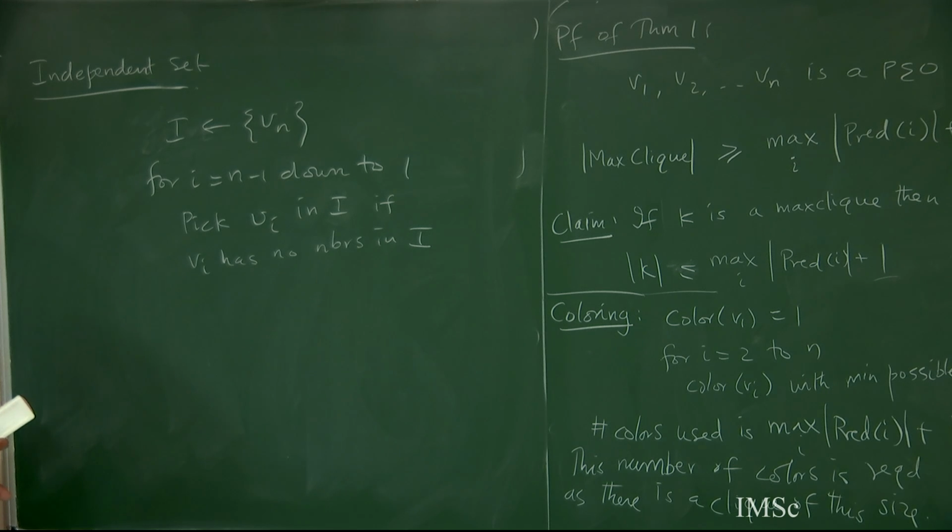So how do you show that this gives you the maximum independent set? I'm going to leave this as an exercise.